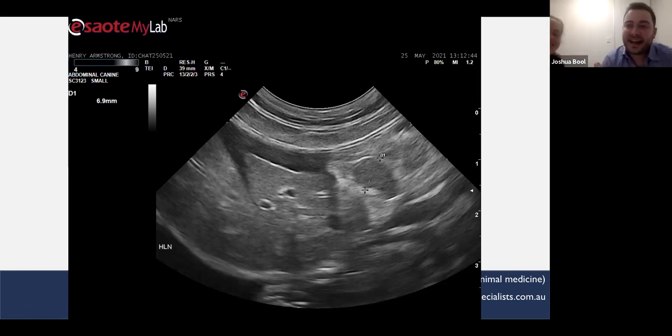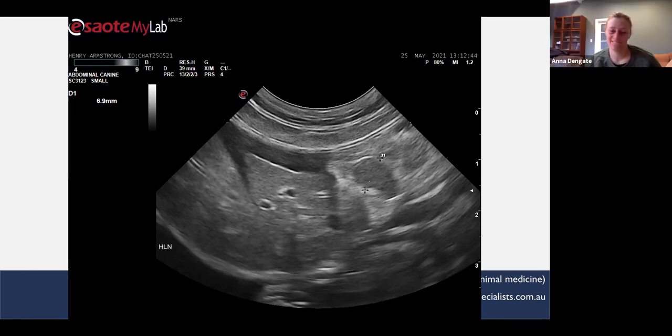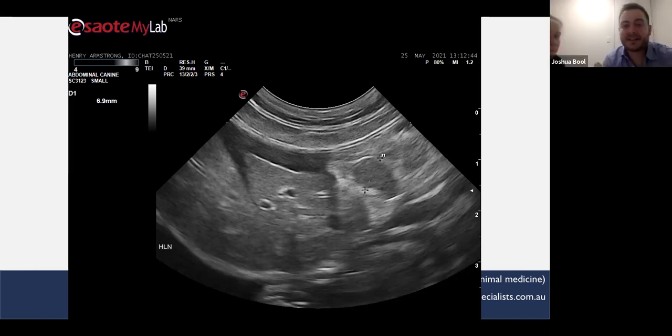So the way to remember it is that the portal vessels are draining from the gastrointestinal system and the abdomen. So all the gross stuff that comes from the gut is being drained through there.